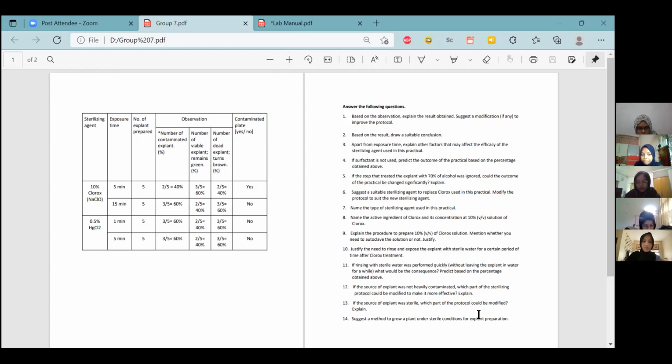Instead of dipping the leaf in 70% ethanol for 30 seconds, I guess we can dip the leaf for 15 seconds or less.